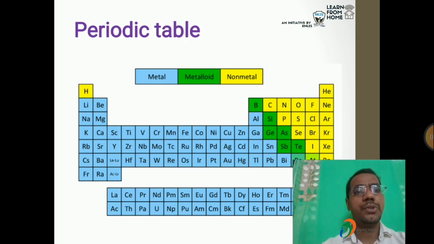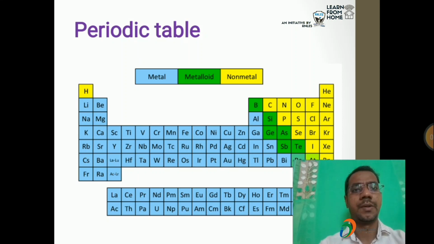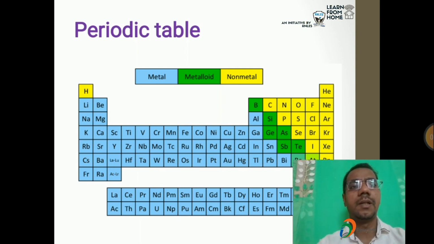The position of an element is fixed; it does not change. It means hydrogen always remains at the first position, while helium is at the second position. Then lithium, beryllium, boron, carbon, nitrogen, oxygen. So these are the elements present in the table at a fixed position.